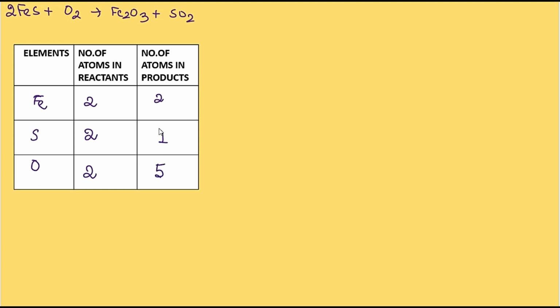Okay, so the mismatch is in sulfur and oxygen. According to priority, priority should be given to the non-metal. So sulfur, if you see, the number of atoms in product is 1 and in reactant is 2. So if we multiply it with 2, then the problem will be solved.